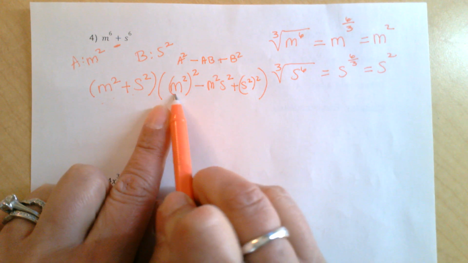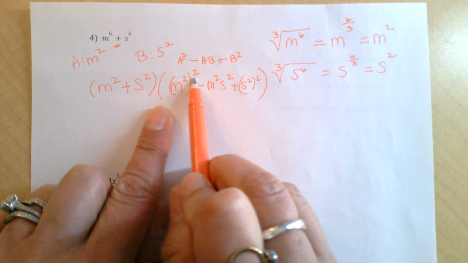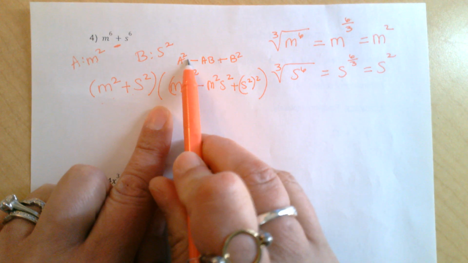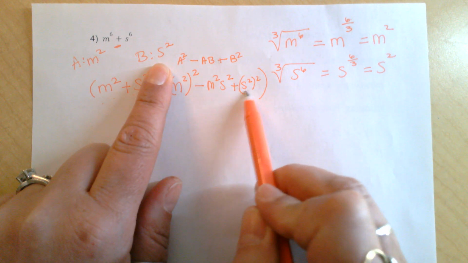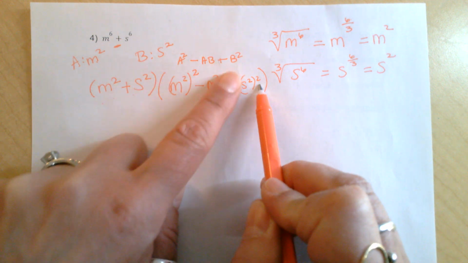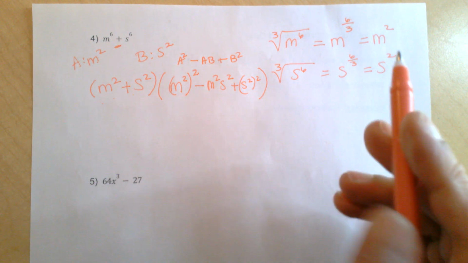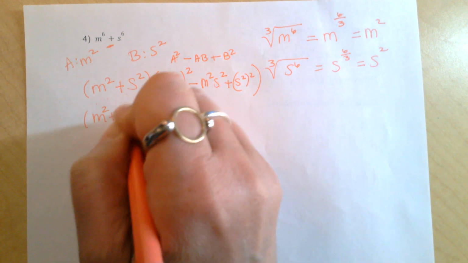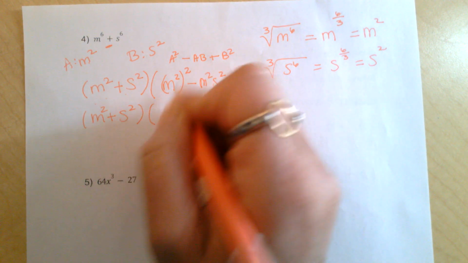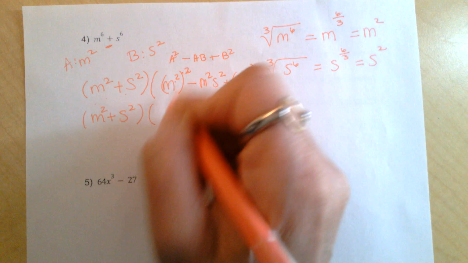So do you see how I'm putting in a, but I'm making sure that it is squared because that's what our formula says. I'm putting in b, s squared, but I also have to square it again because that's what our formula says. So then when we do that, we clean it up a little bit. We're going to have m squared plus s squared. 2 times 2, so we multiply them.